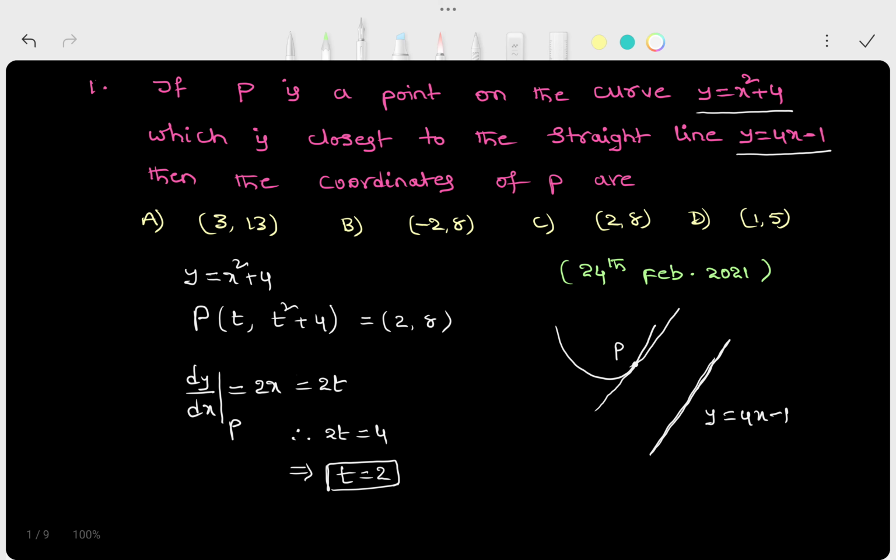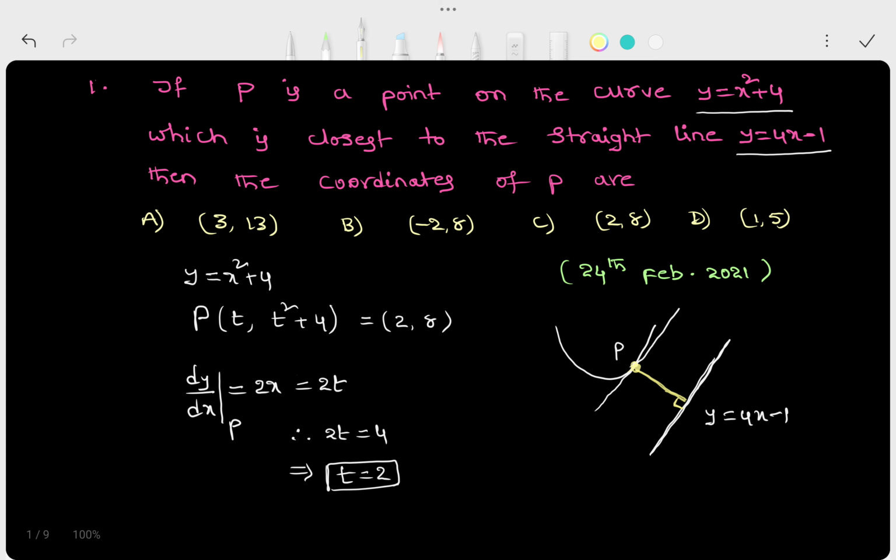According to the question, we have to find the point p on the given curve which is closest to the straight line. So we got the p point coordinates: (2, 8) is the required point.